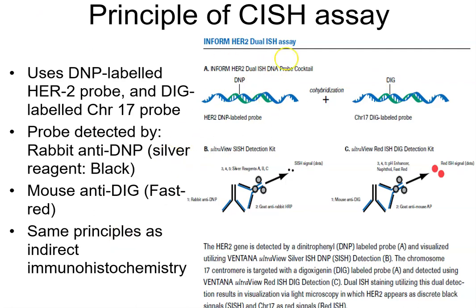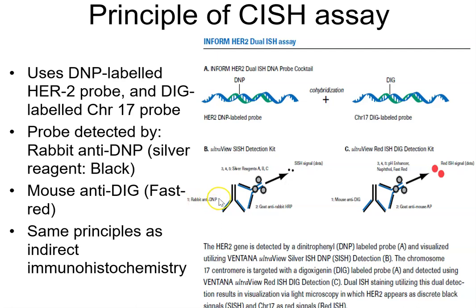The reason that's really important is that we can then use an antibody to detect where the probe is bound. Previously we would have a probe directly linked to FITC and directly linked to Texas Red. Here we're going to allow the probe to hybridize, and then we're going to detect where the probe is bound with an antibody to DNP.